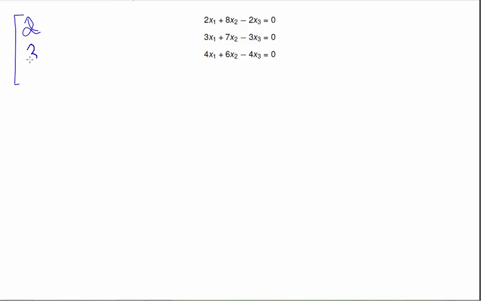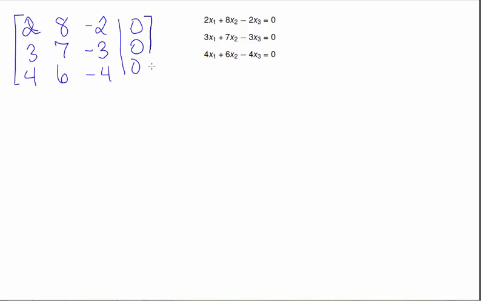We have a 2, 3, 4, 8, 7, 6, minus 2, minus 3, minus 4, 0, 0, 0. When we row reduce this, the first step is to get a 1 in the first row, first column.